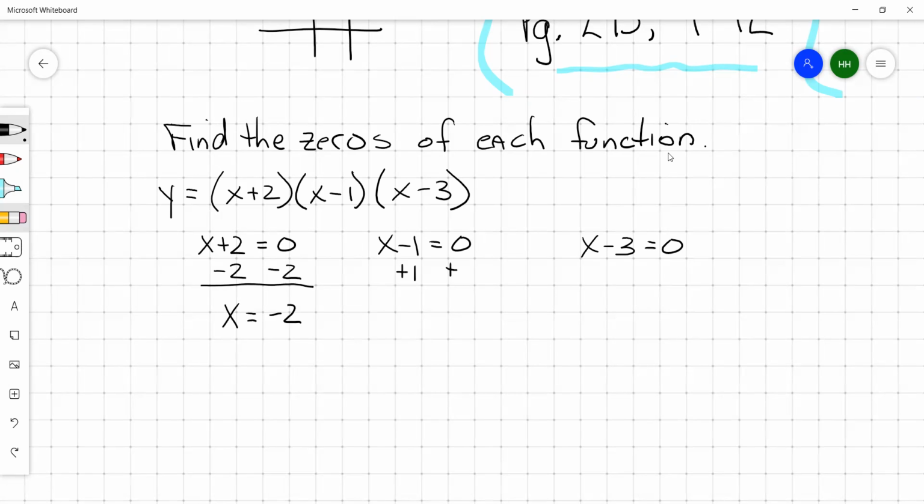You add 1 to each side of this middle equation, and you get a 0 that's equal to positive 1. And then you add 3 here to each side, and you get a 0 that's equal to positive 3. So then you list your zeros as negative 2, 1, and 3. We okay with that?